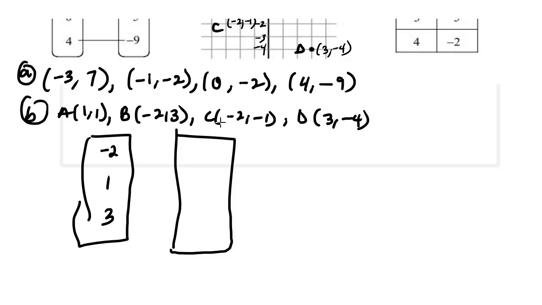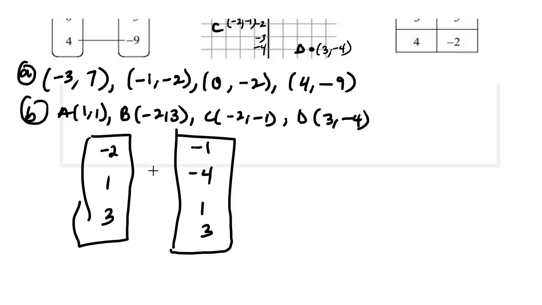Then for the range, we have 1, 3, -1, -4. So we can write -1, -4, then 1 and 3.